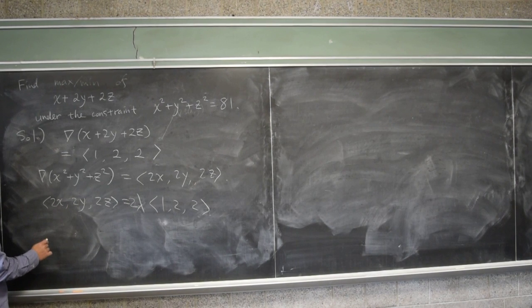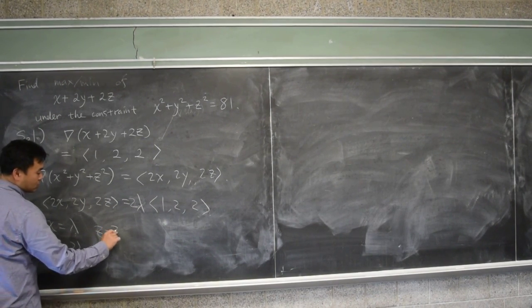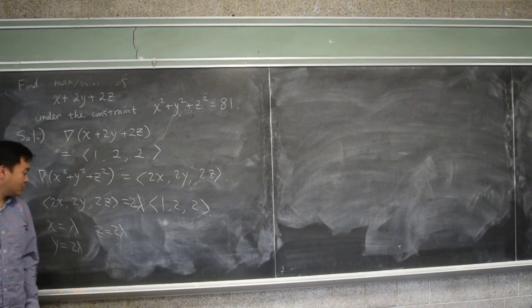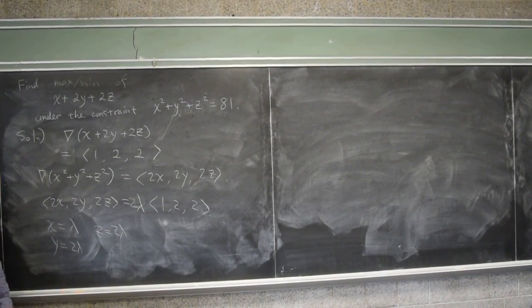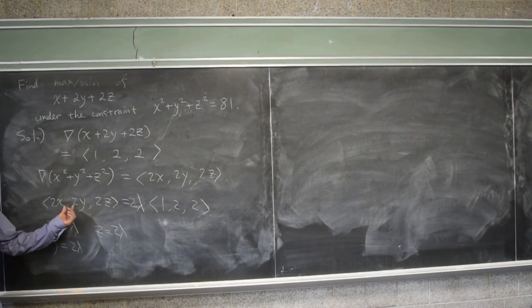If you solve this for x, y and z, what do you get? You get x equal to lambda, y equal to 2 lambda, z equal to 2 lambda, right? 2x equal to 2 lambda times 1. 2y equals 2 lambda times 2, so 2y is equal to 4 lambda.